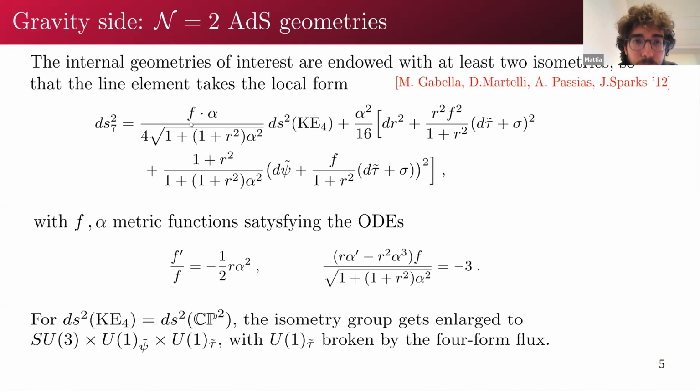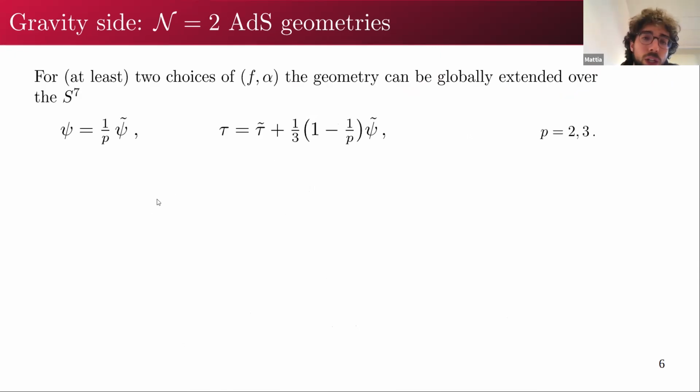And then one can see that the metric of the usual 7-sphere, described as the join of an S5 and an S1, is in this case a stretched and squashed 7-sphere because of these mixed terms and because of the prefactors.